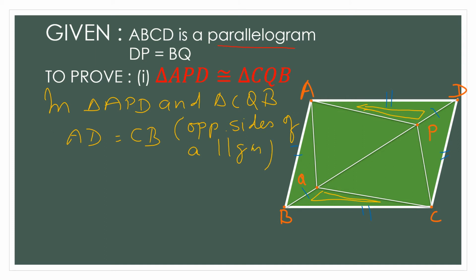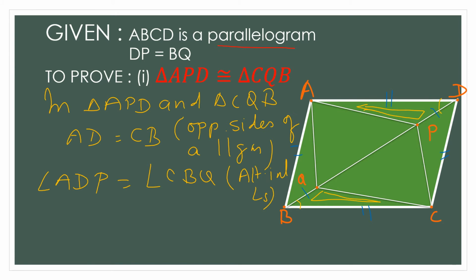Next is angle ADP is equal to angle CBQ by the alternate interior angle concept.